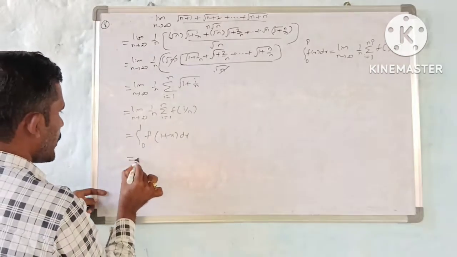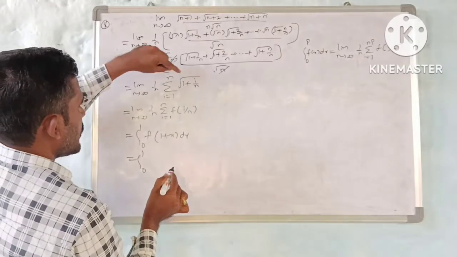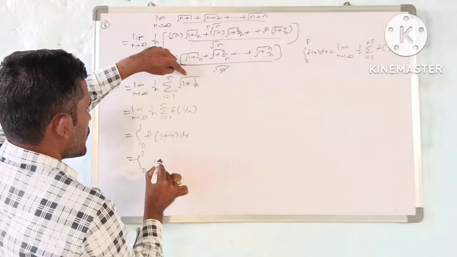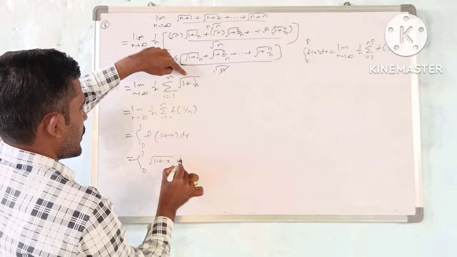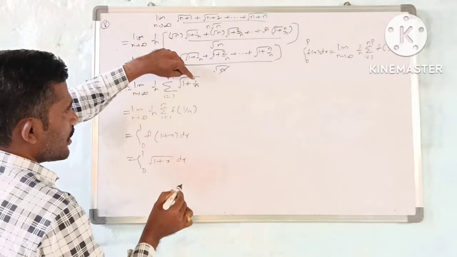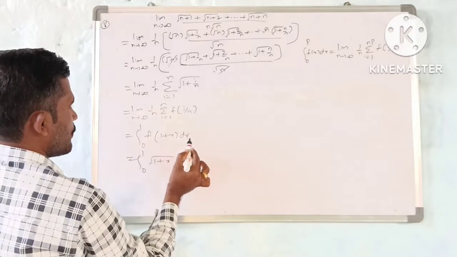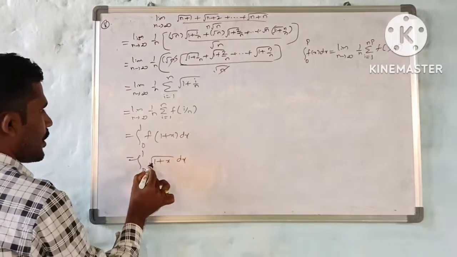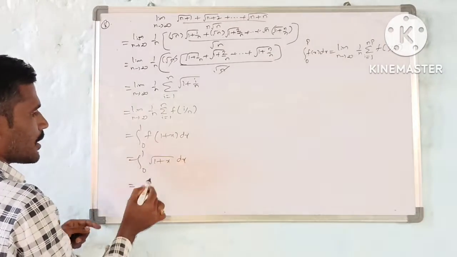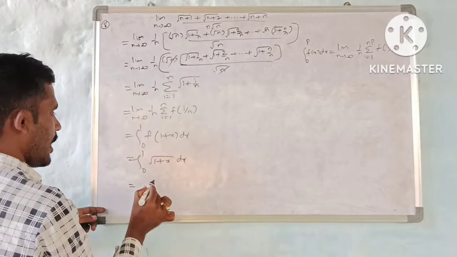So this is nothing but the integral from 0 to 1 of root of (1 + x) dx. So then I am taking 1 + x.